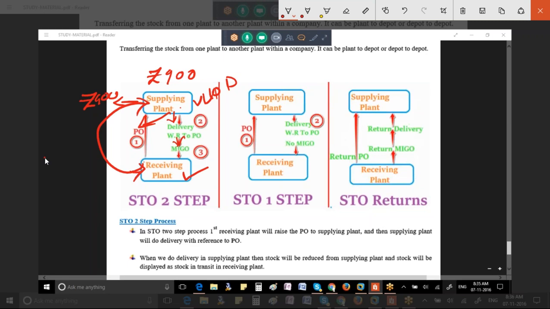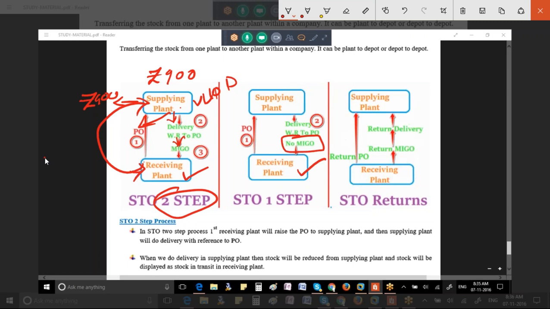And unless specifically mentioned, STO is always a two-step process. Unless it's mentioned specifically as one step, it is two-step always. In the one-step process, we don't do MIGO. Whenever they do delivery at the supplying plant, stock is automatically shown as actual stock at the receiving plant. Okay. So returns also, return PO, everything is the same.